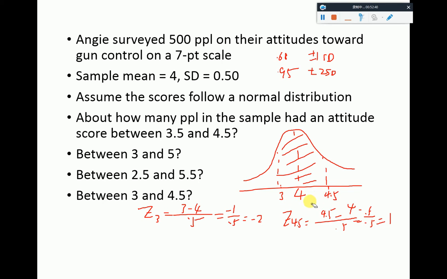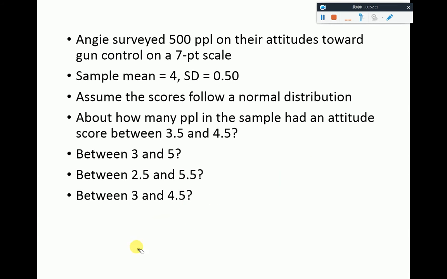rely on the fact that this normal distribution is perfectly symmetrical. Okay, so I'm going to erase all. So this is a symmetrical normal distribution. And from the first empirical rule, we know that the probability is about 0.68 to observe any value that's 1 standard deviation above and below the mean.